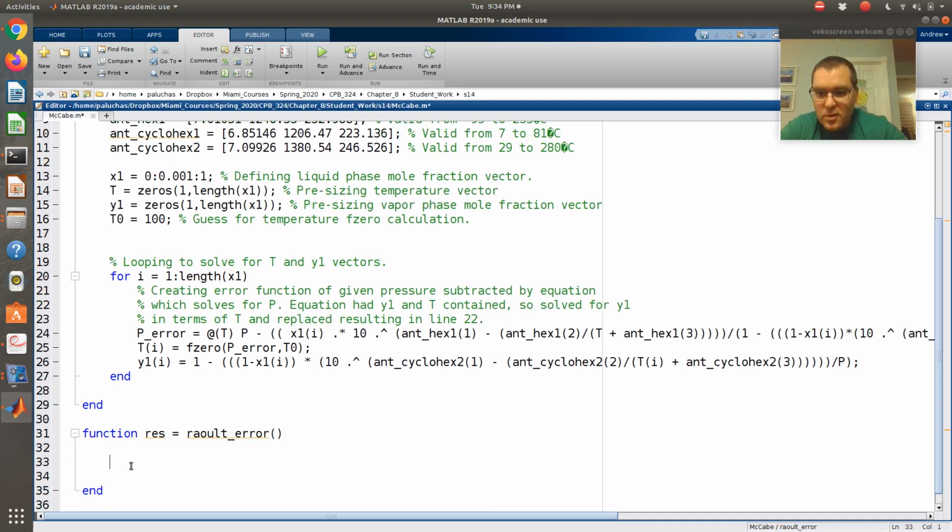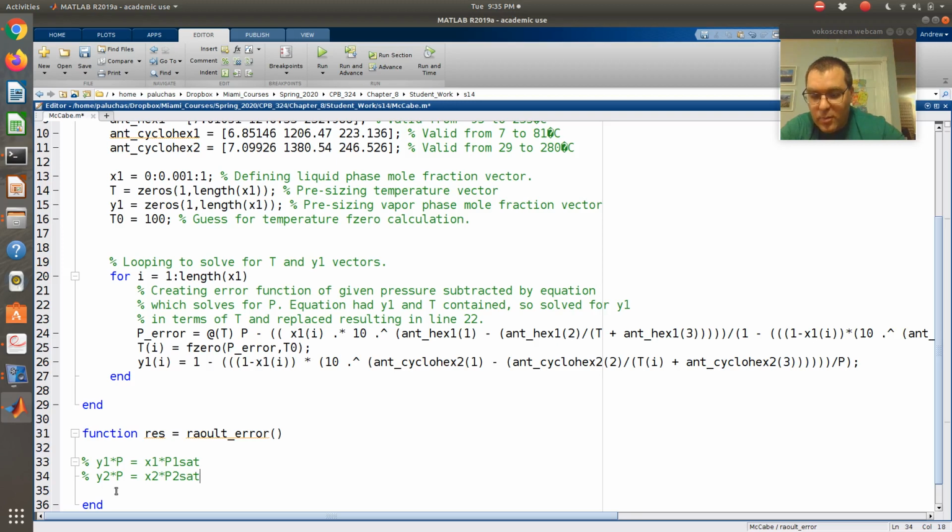Again, my thought process, without pulling a tablet out, is my system of Raoult's law equations I'm trying to solve is y1P is equal to x1 times P1 sat, and y2 times P is equal to x2 times P2 sat.